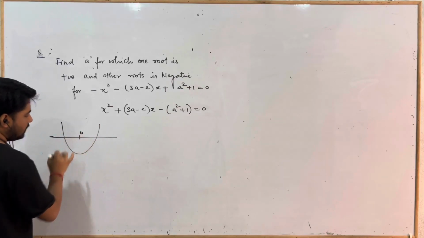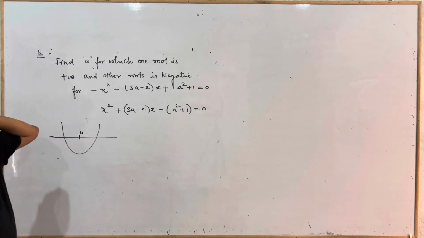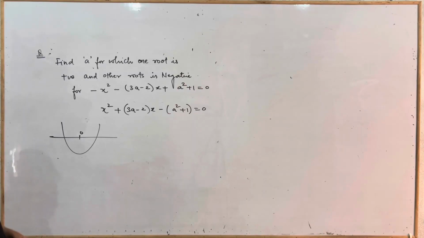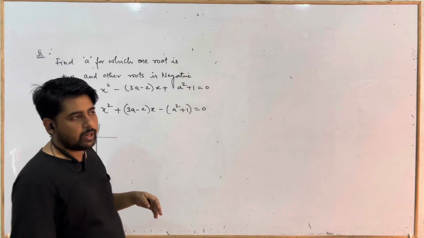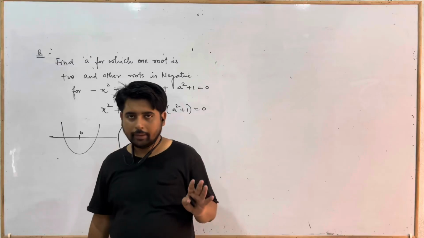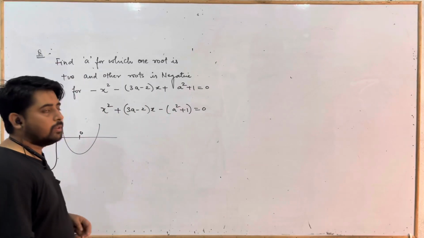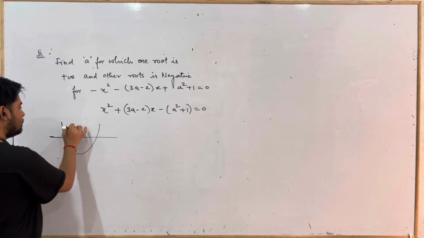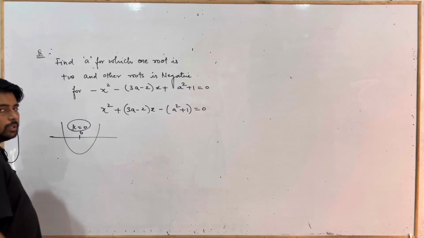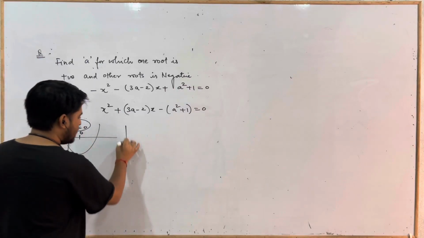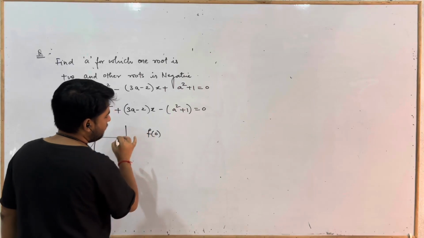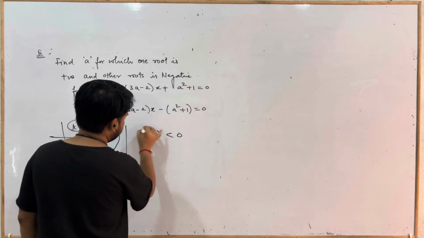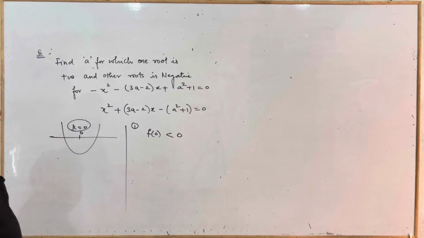One root is positive, one root is negative, so D is greater than 0. Second condition, we cannot relate the minus b by 2a with respect to k. And the third thing is the value of f(k). K is 0 here. So I am going to check f of 0, and f of 0 should be less than 0.